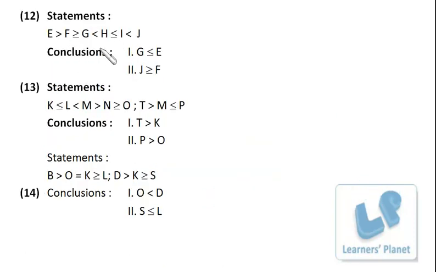Now the next statement: E is greater than F is greater than or equal to G. So we have this relation, and the other is G is less than H is less than or equal to I and less than J. I assume E to be, suppose, 10. So 10 is greater than 9 is greater than or equal to G. G at max can be 9 if we take E and F as 10 and 9.